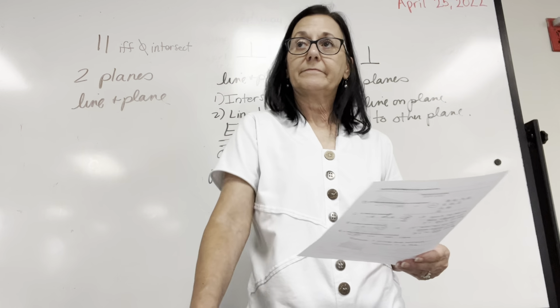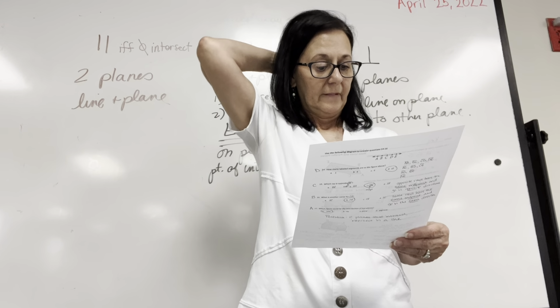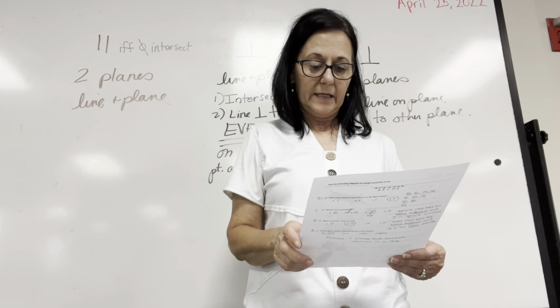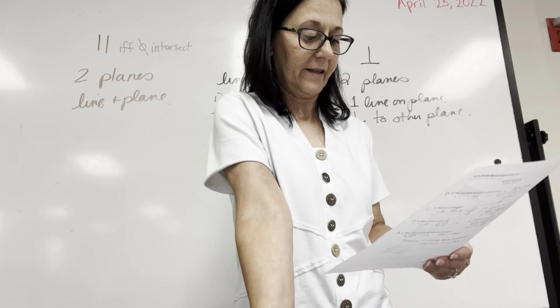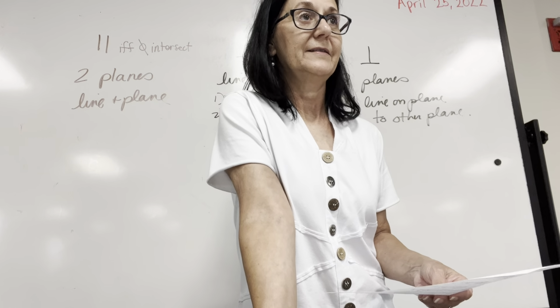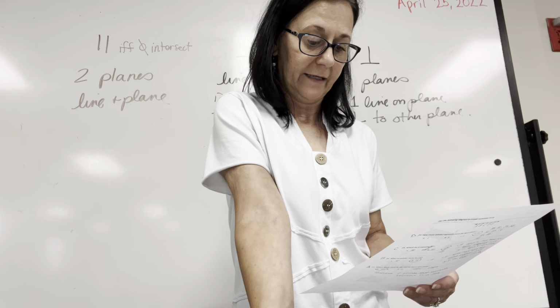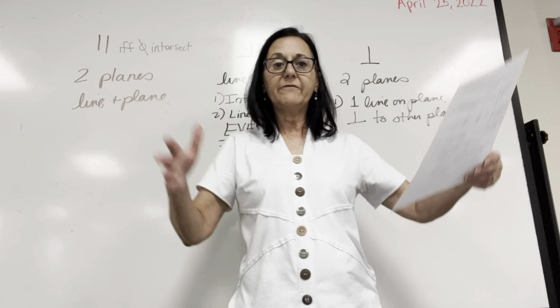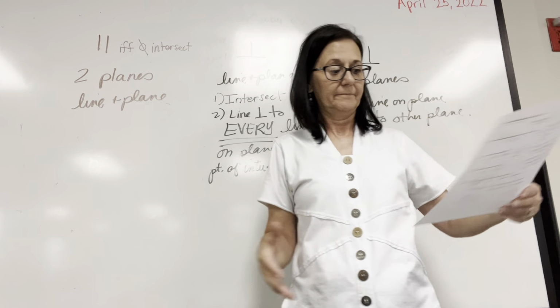Number 11. Are AE and BC skewed? No, because they lie on the same plane. They are coplanar, right? And because planes are infinite, they would eventually intersect.